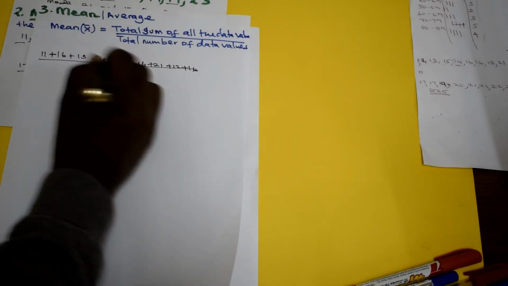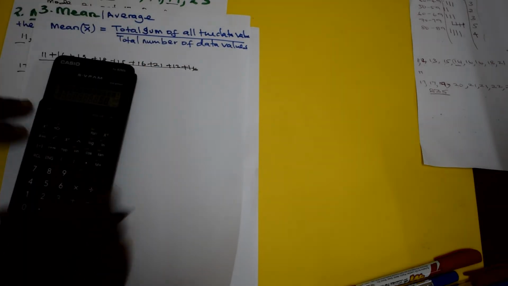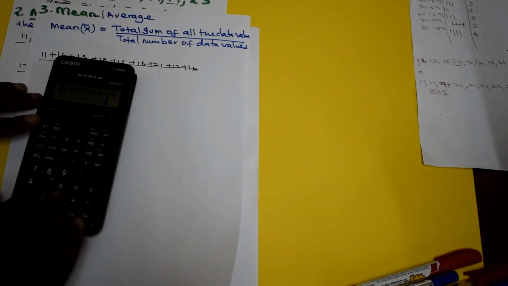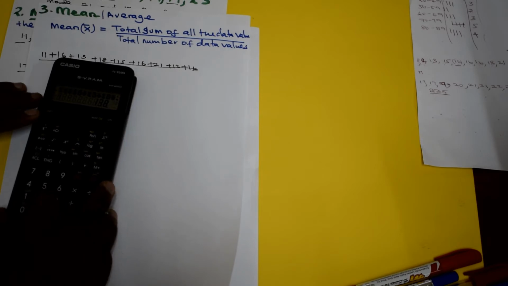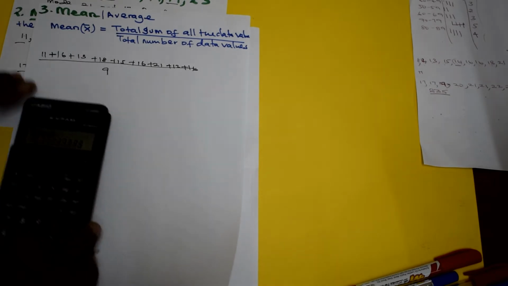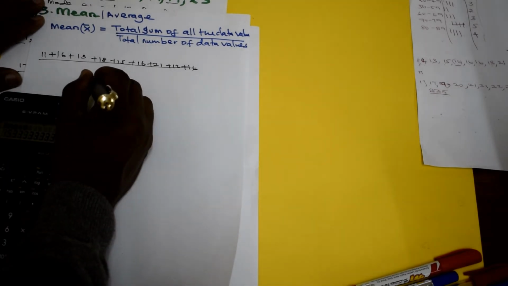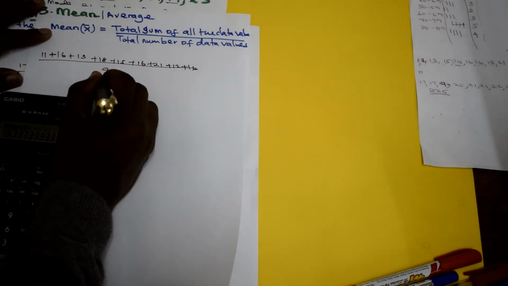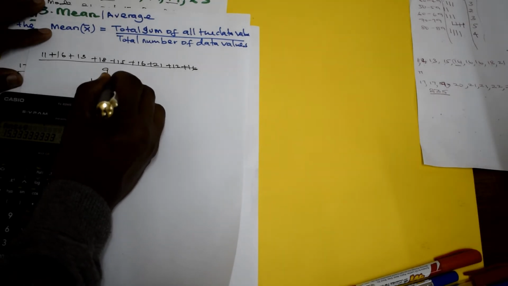There are 9 items, and the mean will be given by 11 plus 16 plus 13 plus 18 plus 15 plus 16 plus 21 plus 12 plus 16. And this one is going to give us 138 divided by 9, and this is going to give us 15.33.